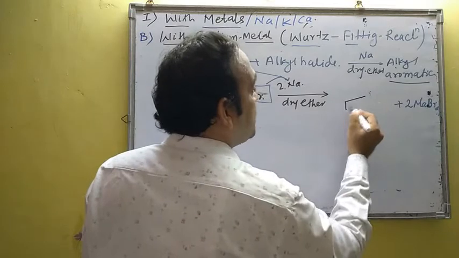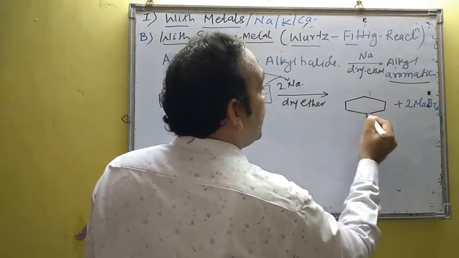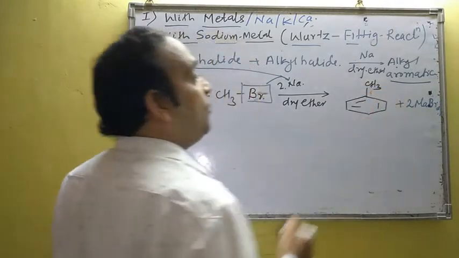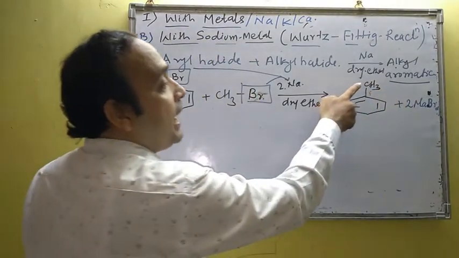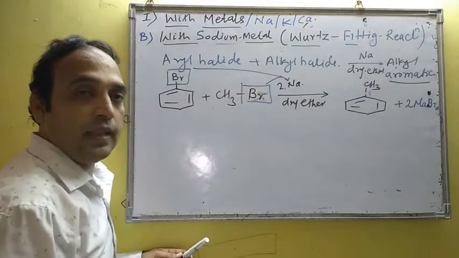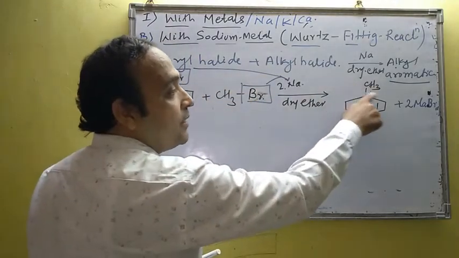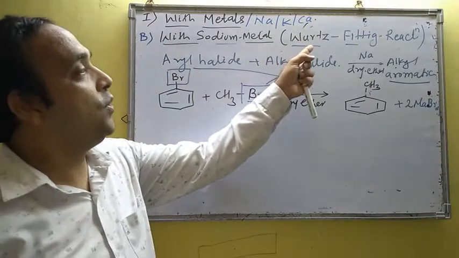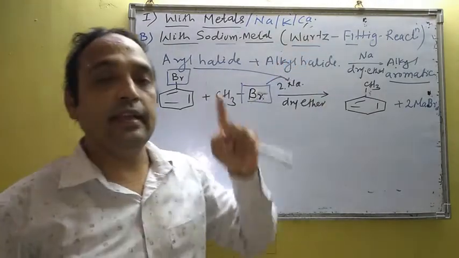So see this product is your toluene. कौन सा product हो गया ये? This product is your toluene and it is called as alkyl substituted aromatic compound, and this reaction is known as Wurtz-Fittig reaction.